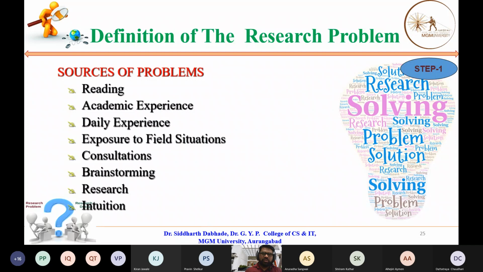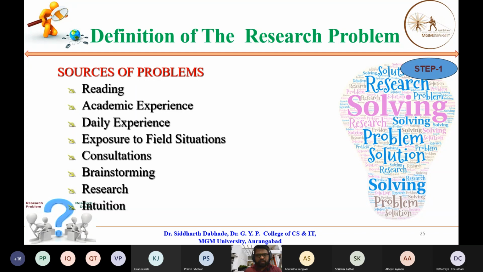You need to read. Reading is one of the major components. You need to read research articles, newspapers, journals, books, blogs, so many things. When you are reading so many things, you are able to find the new upcoming research problem in your domain. Whatever comes under your research domain, you should be reading.